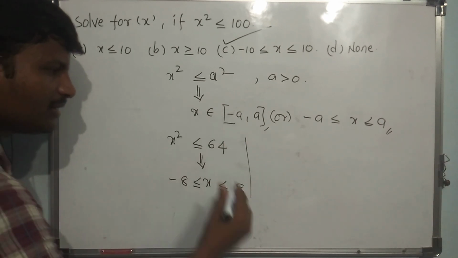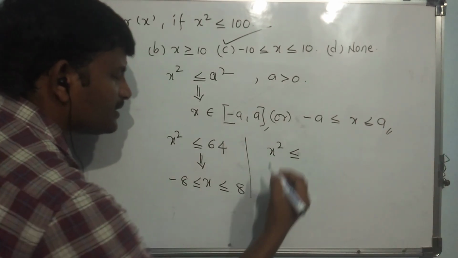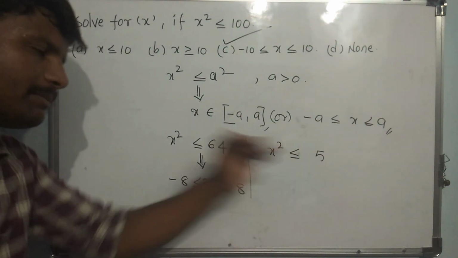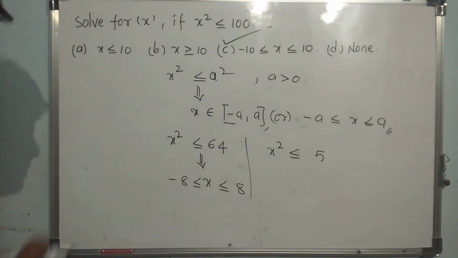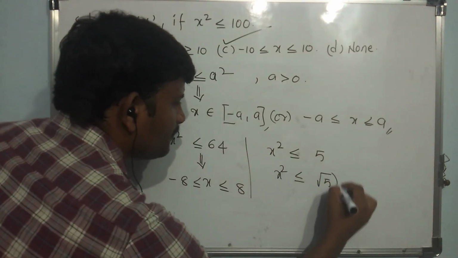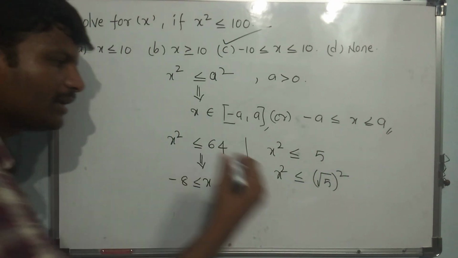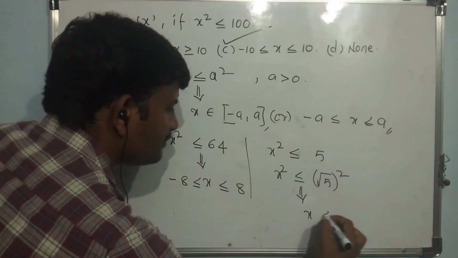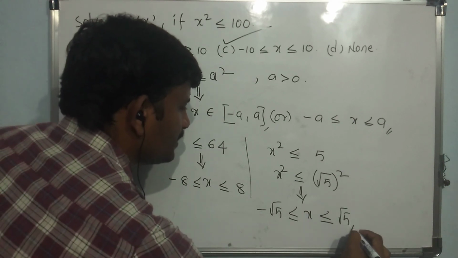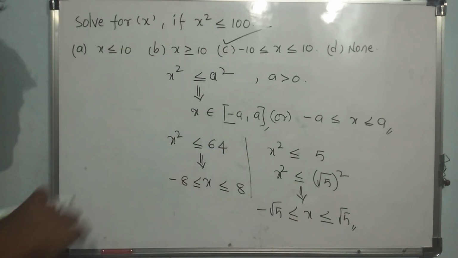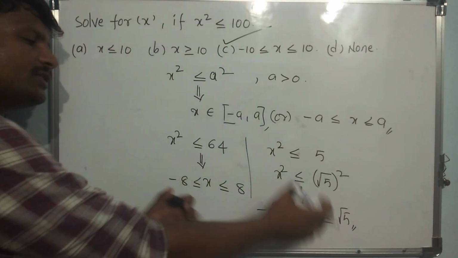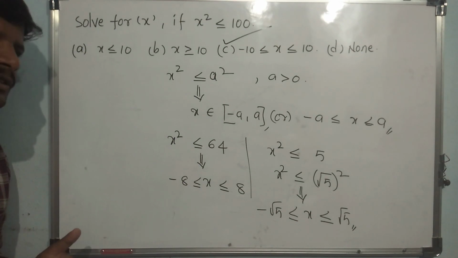Or else suppose I give x square less than or equal to 5. 5 is not a perfect square, but still we can write this as x square less than or equal to root 5 the whole square, and apply the same rule: x is in between minus root 5 and plus root 5. So this is how the shortcut can be done. If you are given any number, you have to go with this process. I hope everybody clearly understood. Thanks.